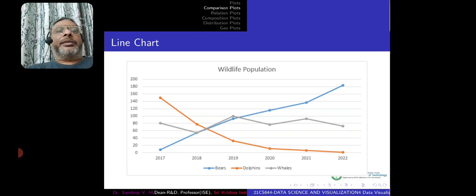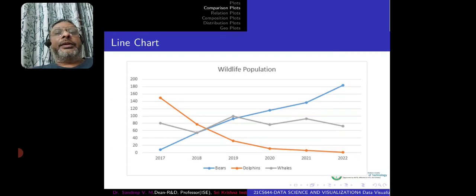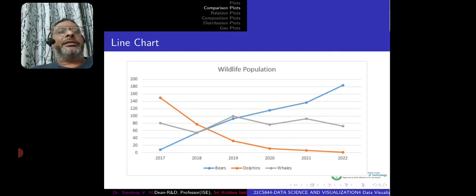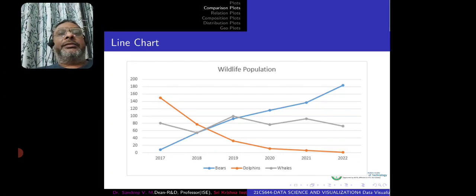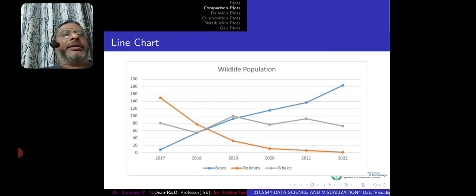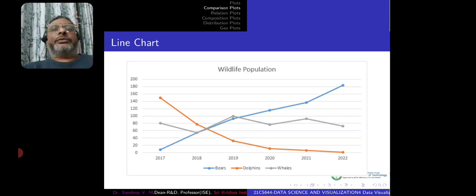So the number may be a real number or in terms of thousands or millions, depending on the situation. Currently that is missing, so we can assume that it is the actual number. That means in 2017 the dolphins were somewhere around 150 and it went on reducing and came down to zero at 2022.